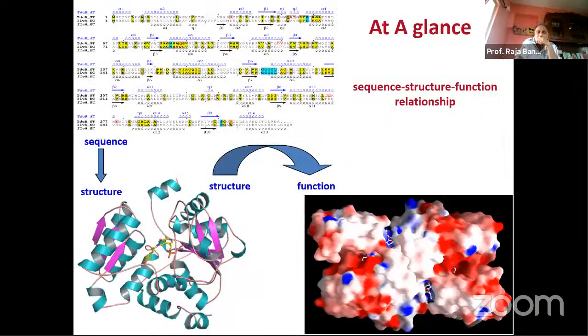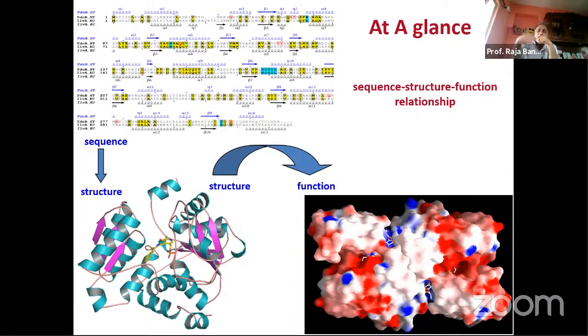So the last part of this is, at a glance, what we can see is that sequence is a very important thing. We have to start in just the opposite, reverse way of Anfinsen, the pioneer, legendary work and his last words of the Nobel lecture in 1973: the function of a protein depends on the structure, and the structure depends on the sequence.